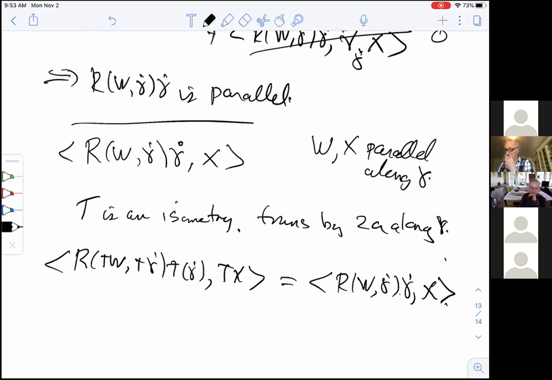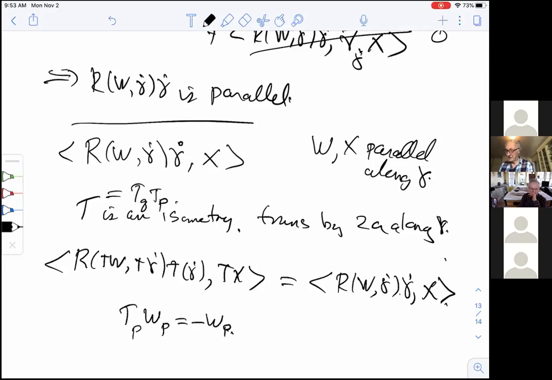On the other hand, because T_P of W_P equals minus W_P, since T_P is, remember T here is T_Q T_P. So T_P fixes P and is minus the identity on the tangent space.